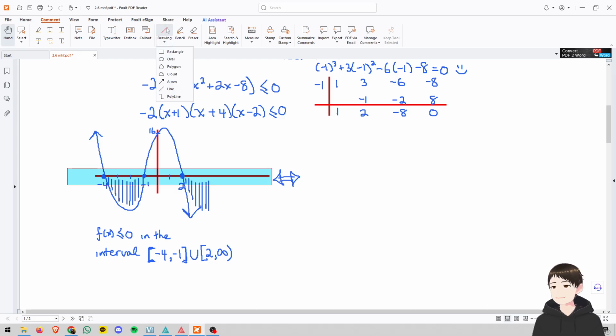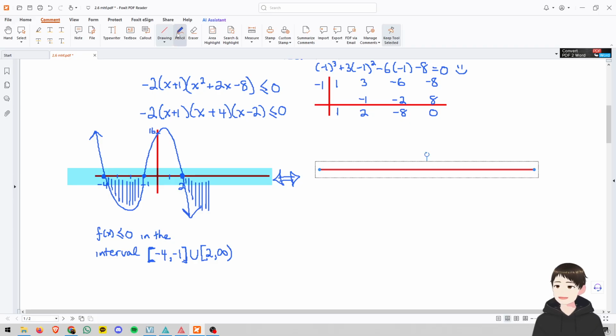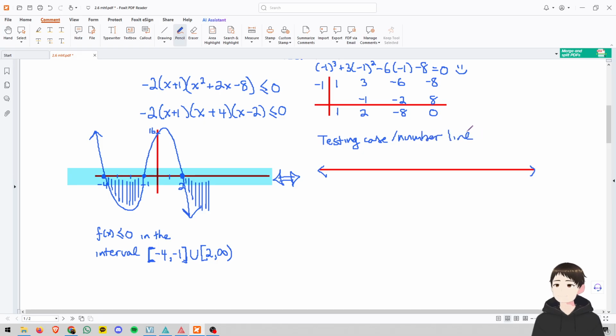So this is something I think Ms. Malloy, another math teacher at Northern, likes to do more. She draws a number line. So this is like a testing cases method or the number line method. And you might like this, okay?